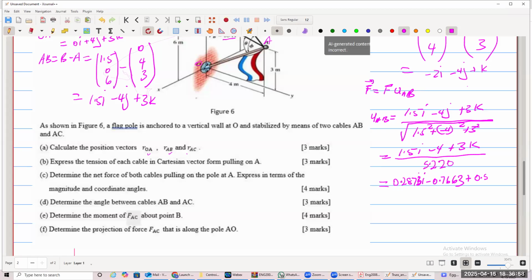So if you were to square back all of these decimals, you should get 1. So that's a guide that tells you the decimals you're getting are right. So it's 0.5747. And this is J, and that is K.